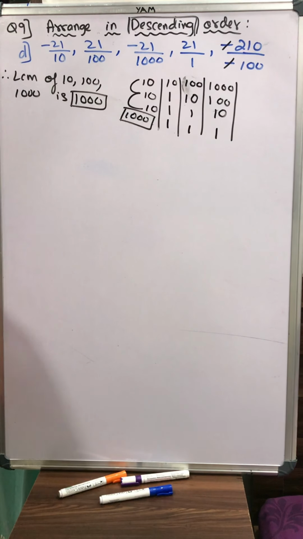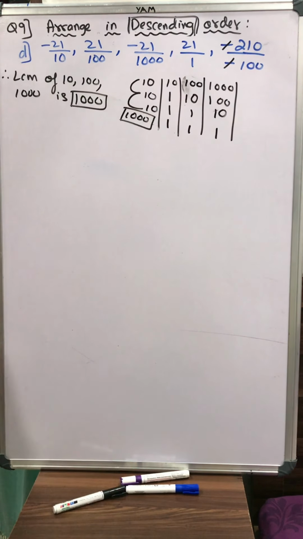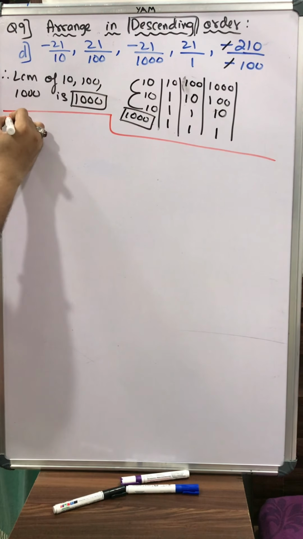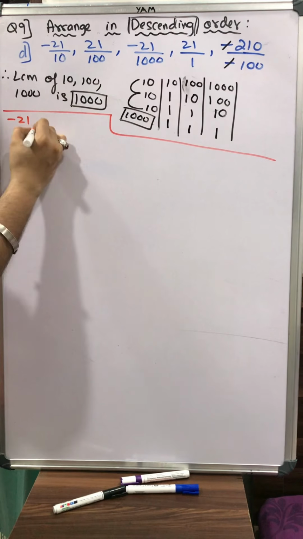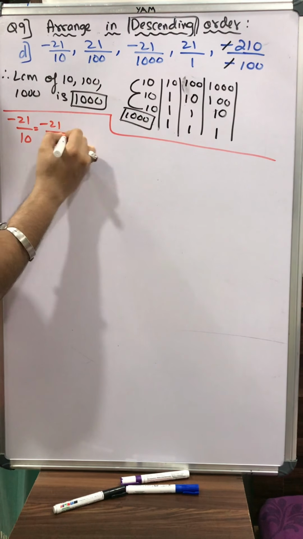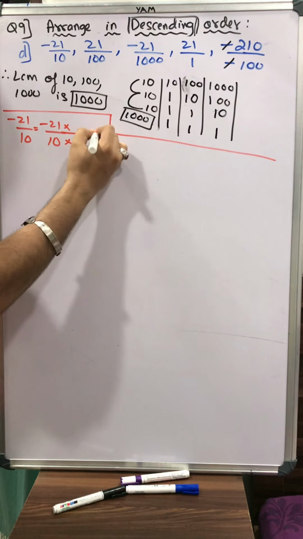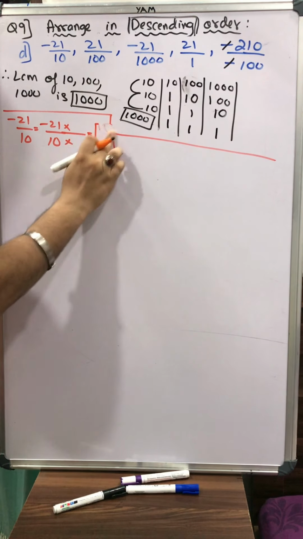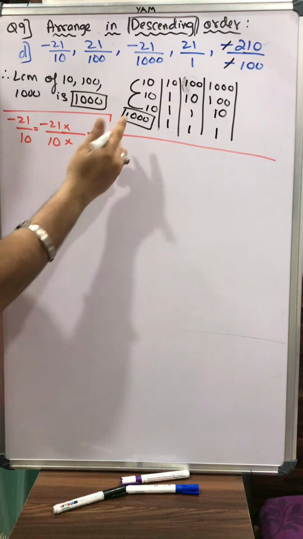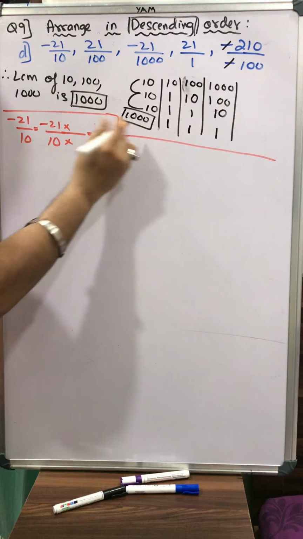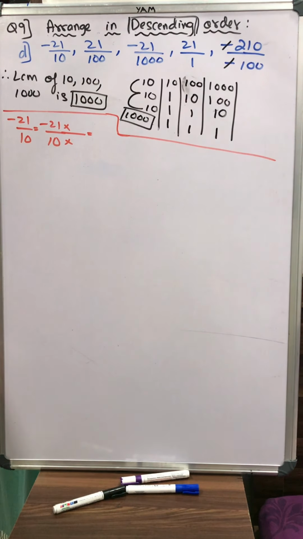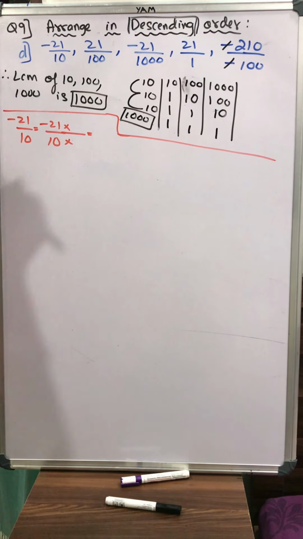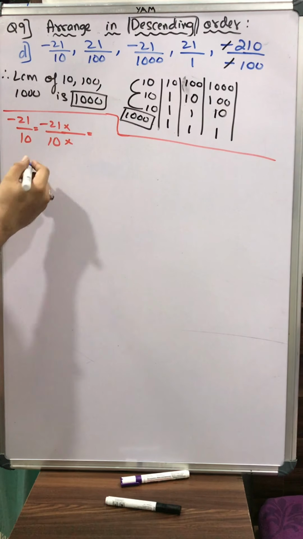After completing this, students, we'll start with a normal solution, starting with minus 21 upon 10. What to do? Minus 21 upon 10, multiply is equal to a box. I'll make the boxes afterwards. Next, students, after minus 21 upon 10, I have 21 upon 100.